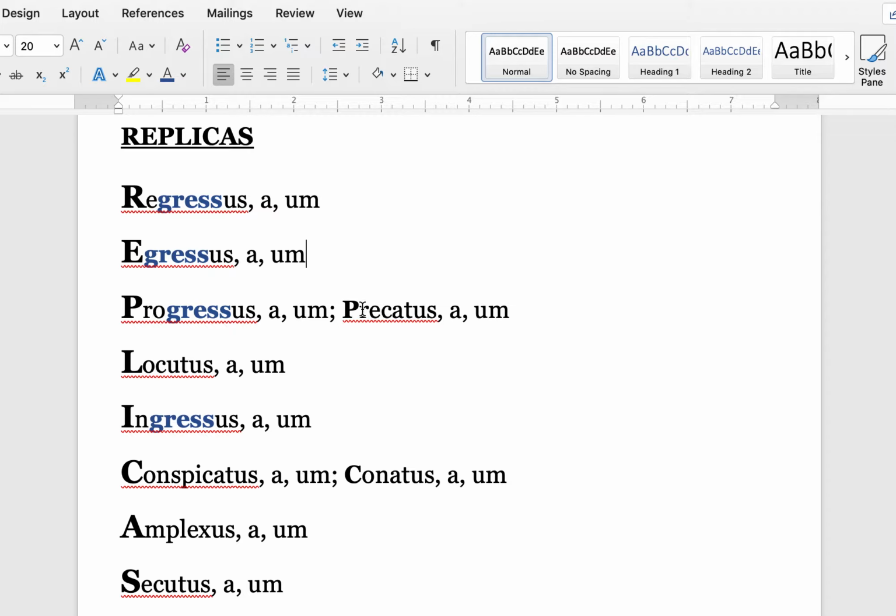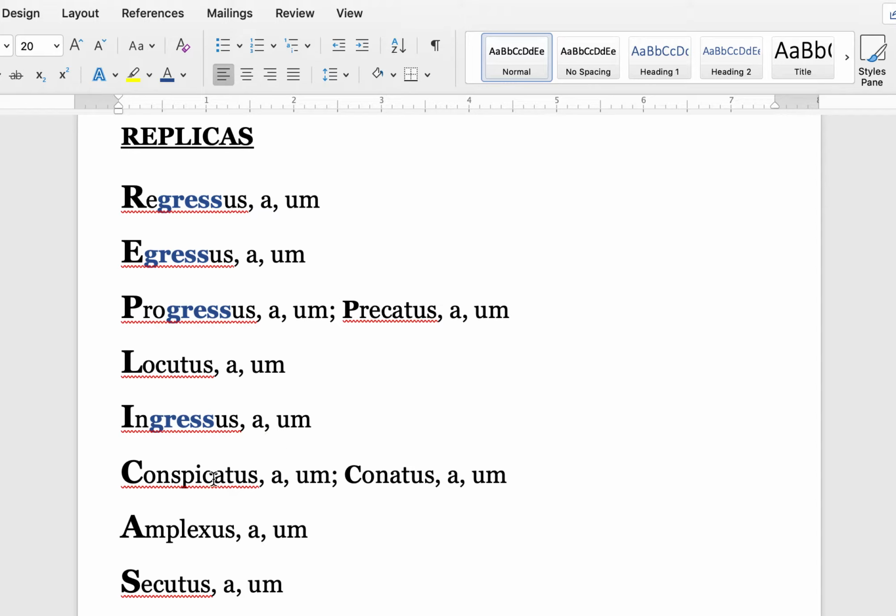There is a second P that I want you guys to know. Precatus means having prayed or having prayed to. Locutus, having spoken or having said. Ingressus, there's your gress root again, so having moved in. So having entered is a good translation for ingressus.